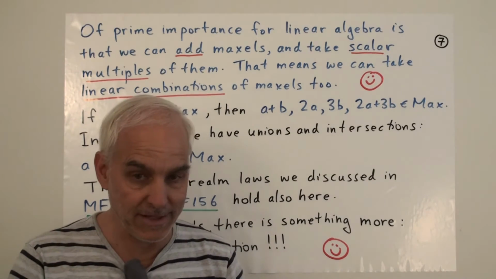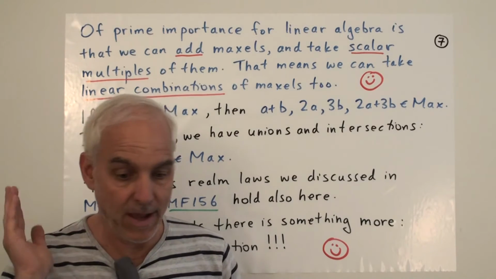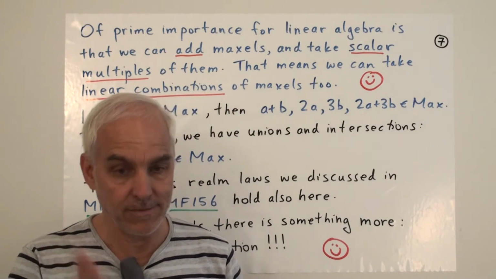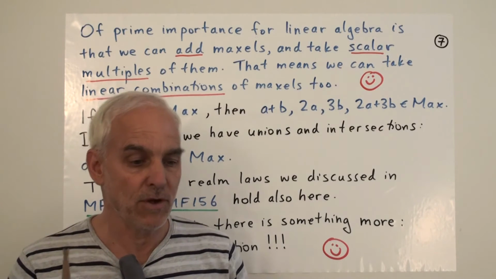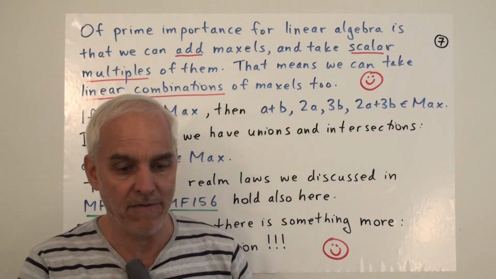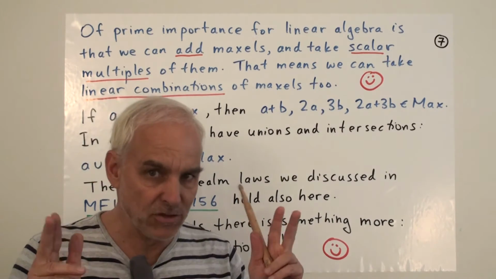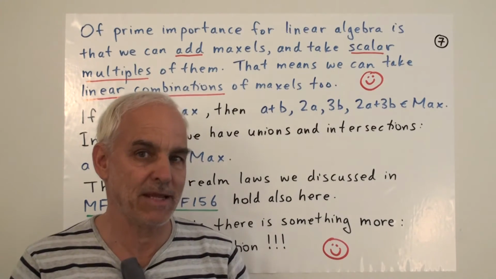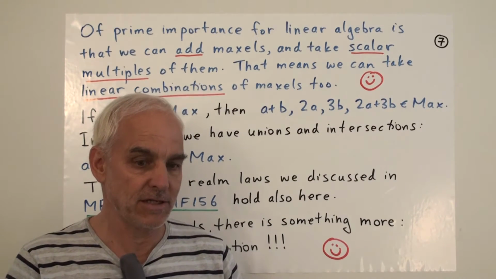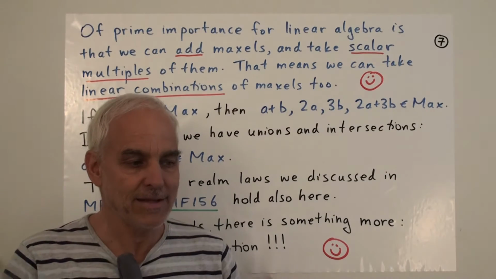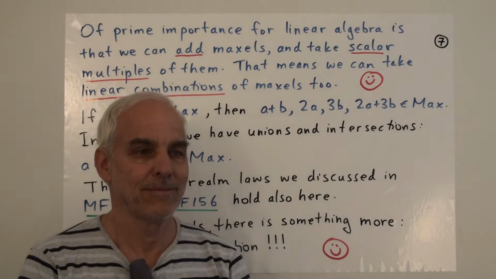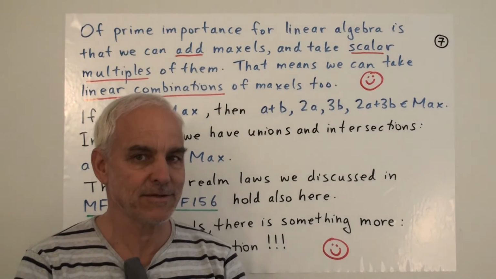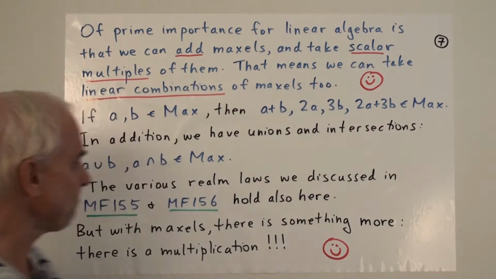Whenever we have multisets of a certain type, we can add them, we can scalar multiply them, we can take linear combinations. It comes for free. So if you've taken a linear algebra course, what we have here is the vector space or linear space structure of these maxiles, essentially coming to us without any work. And that's quite a pleasant aspect of things.